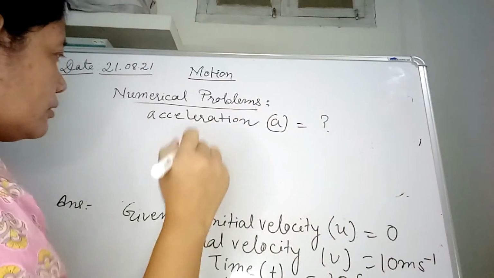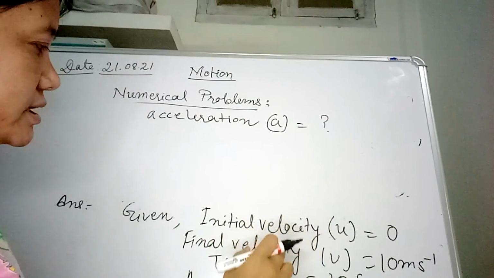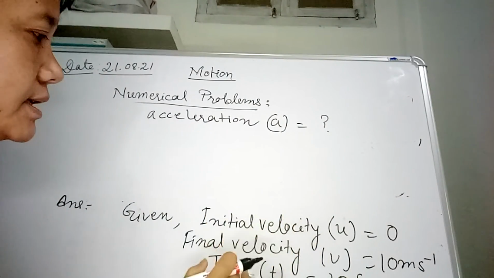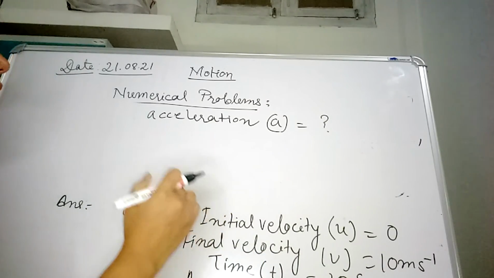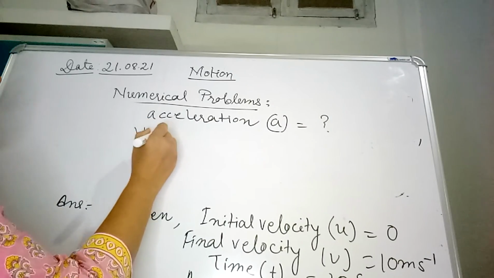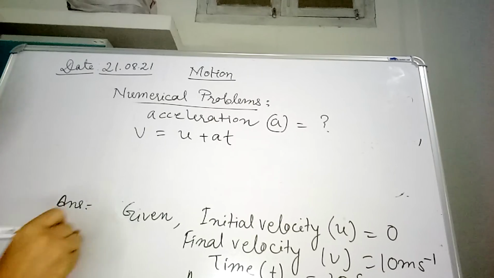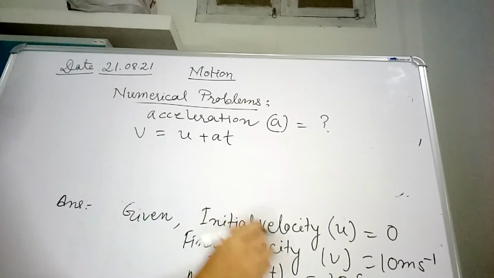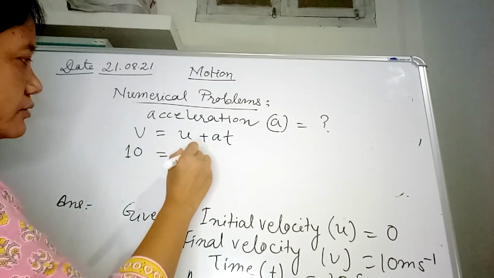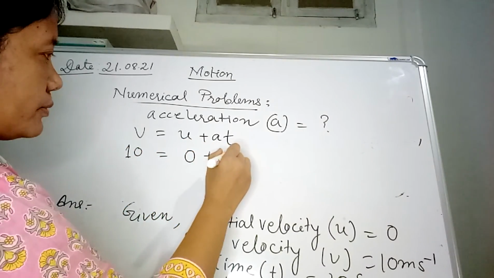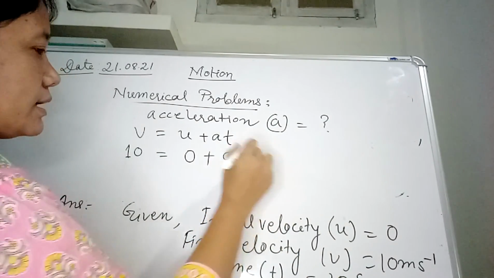So we know the equation based on the relationship u, v, t and a. So that is the first equation of motion, that is v is equal to u plus at. Okay, now you put the value v is given 10, u is equal to 0, plus a we have to find out, and t is given 10 seconds.